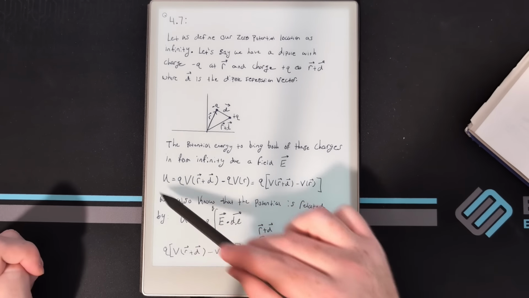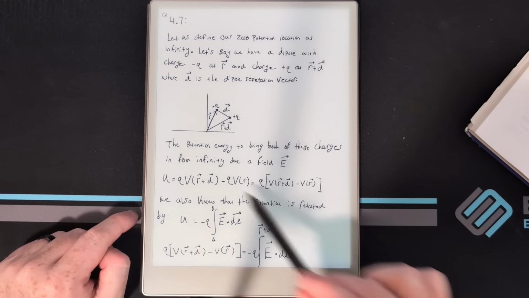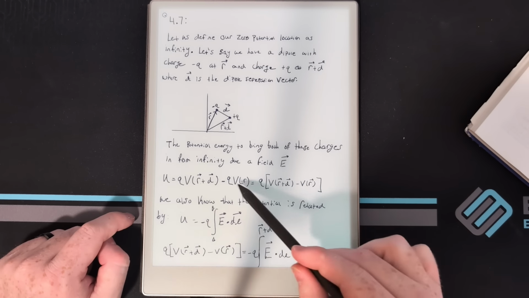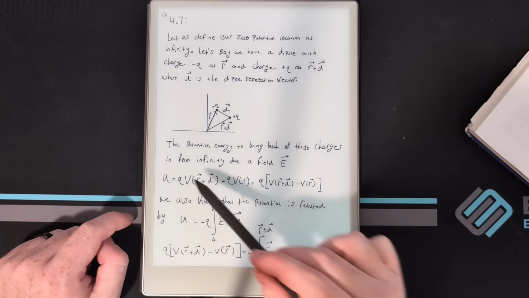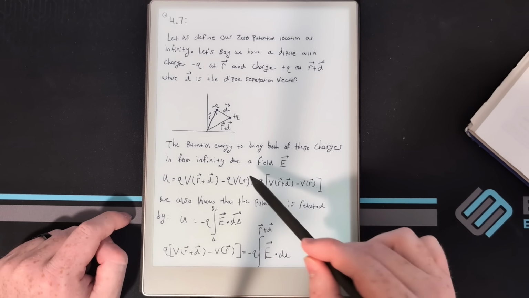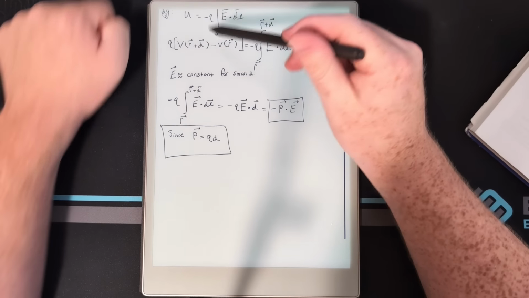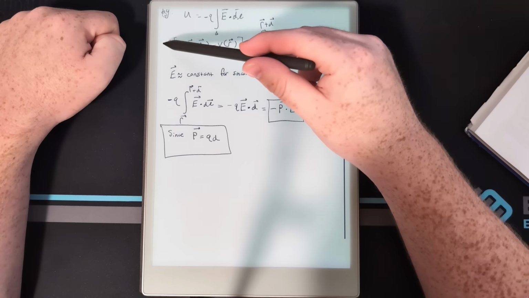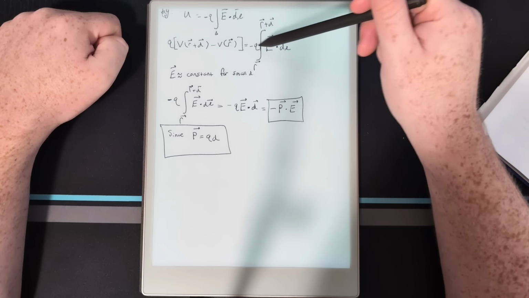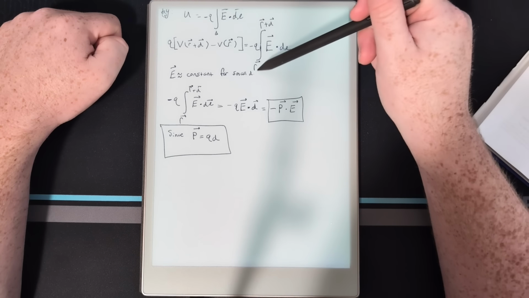This is basically the left-hand side of this integral expression, saying that this integral is equal to the value of the potential function at the two endpoints. So I wrote this left-hand side: Q times the difference in potential is equal to negative Q times this integral between our two points.